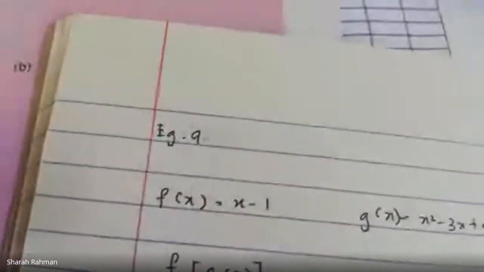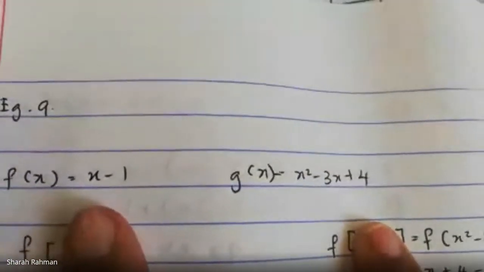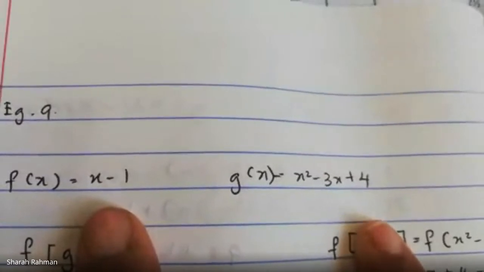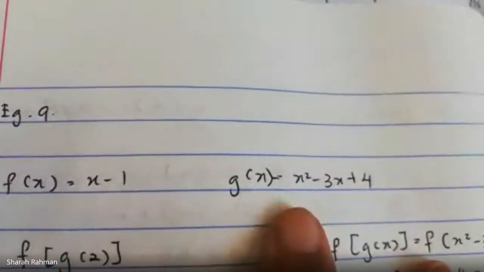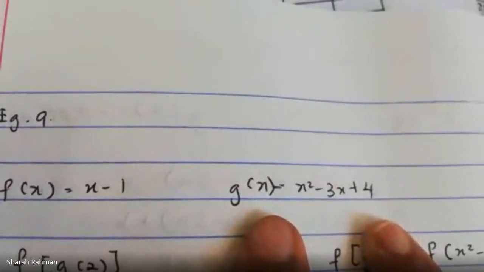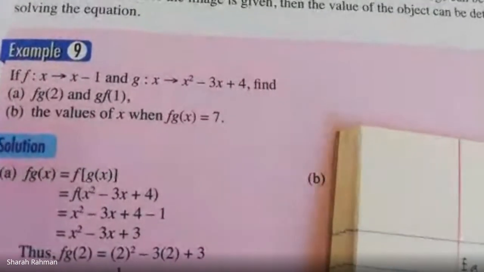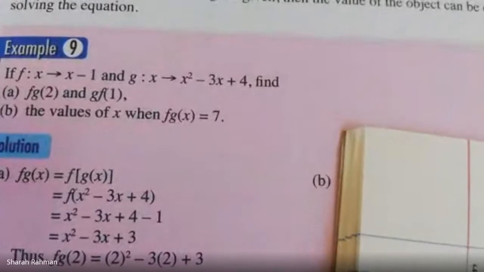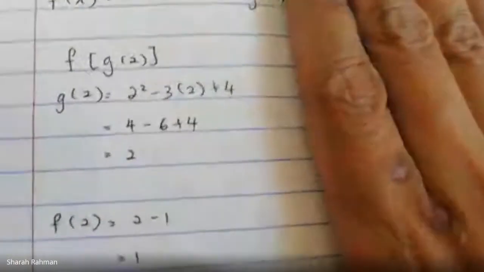So let me show you which one is the first method, which one is the second method. Given f(x) equals x minus 1, and g(x) is x squared minus 3x plus 4. Then we want to find fg(2). There are two methods.